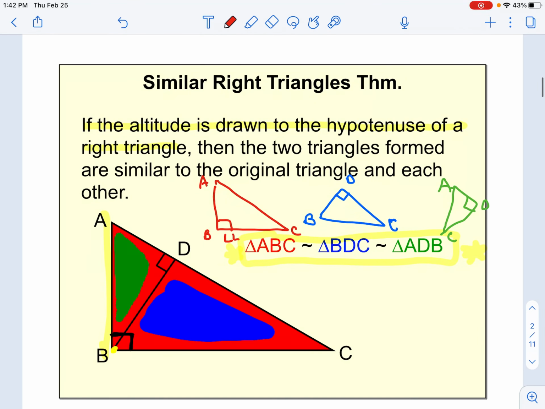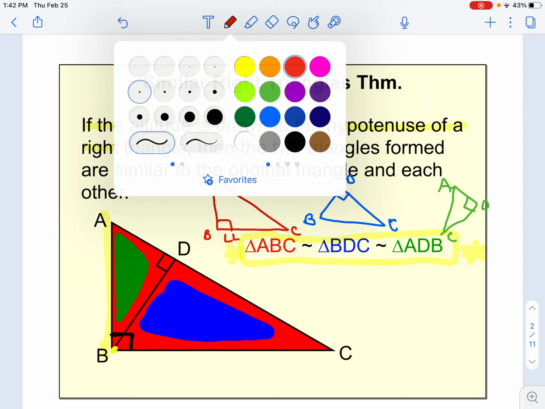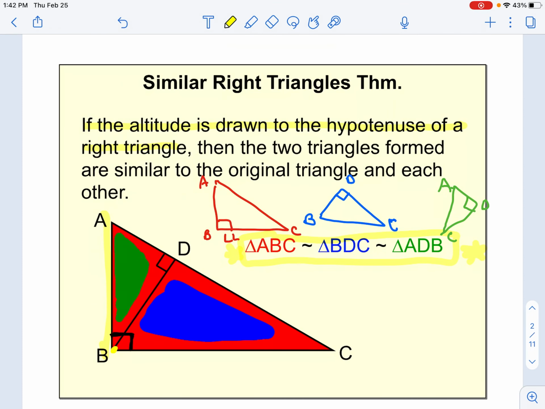Okay, so the similar right triangles theorem says if an altitude is drawn from the hypotenuse of the right triangle, so remember the altitude right here goes from a vertex and forms a 90-degree angle, is perpendicular with the other side.